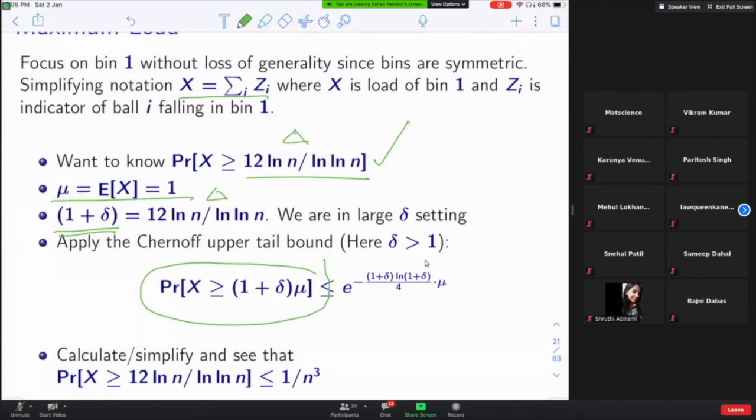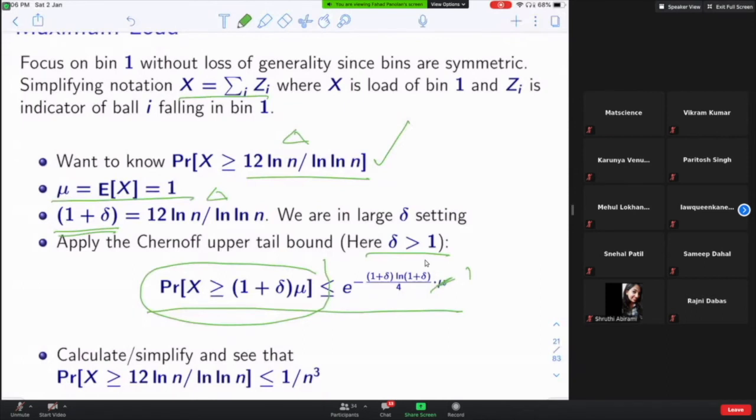If you take out the notes from the morning session, here small delta is greater than 1, and by the Chernoff bound there is one equation which says that this quantity is upper bounded by e to the power minus (1 plus delta) log(1 plus delta) divided by 4 times mu. Okay, now mu equals 1, so this will just be 1, and then what is 1 plus delta?